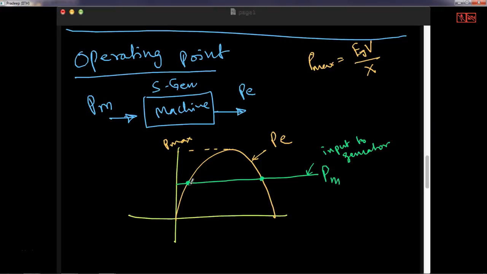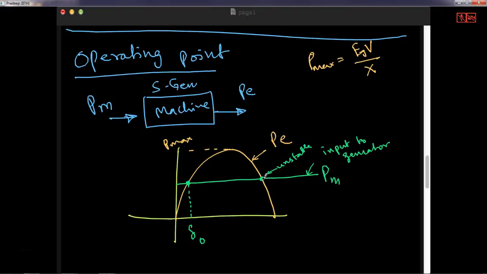Let's consider this as my delta naught. Delta naught is the operating point, while this other one is not an operating point because it is unstable. Why is it unstable?